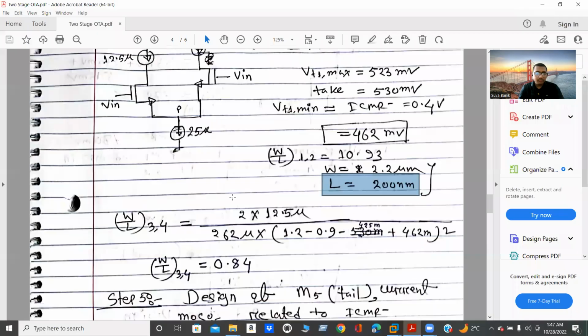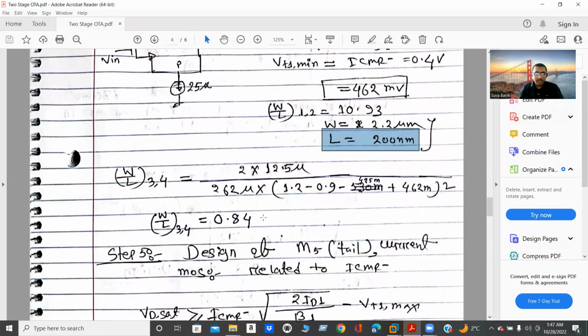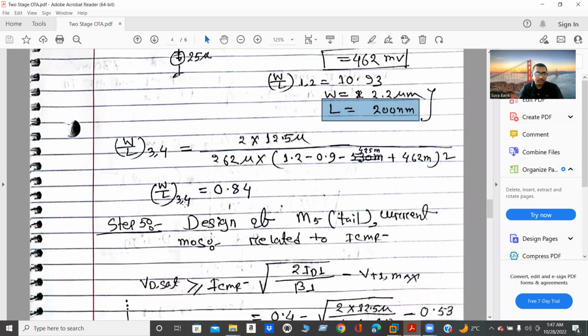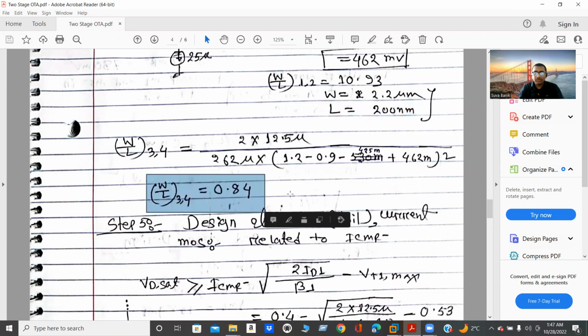Now I can move forward, and using this formula that you have already seen, I found that my W by L 3 by 4 ratio is 0.84.